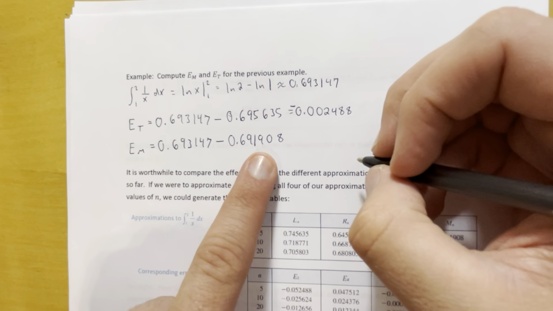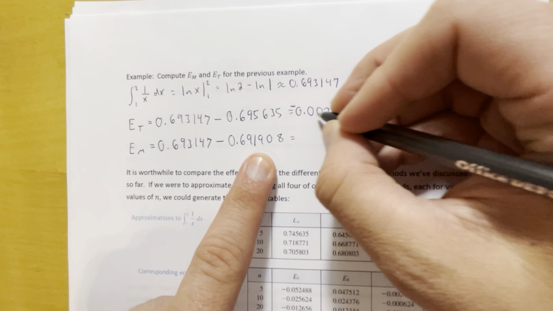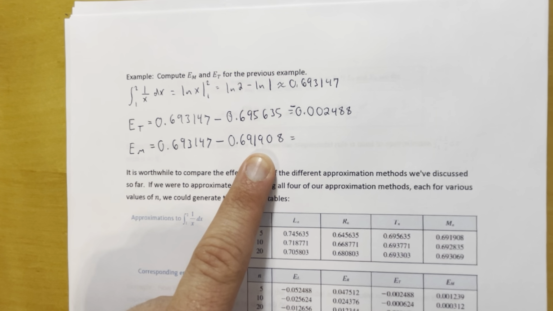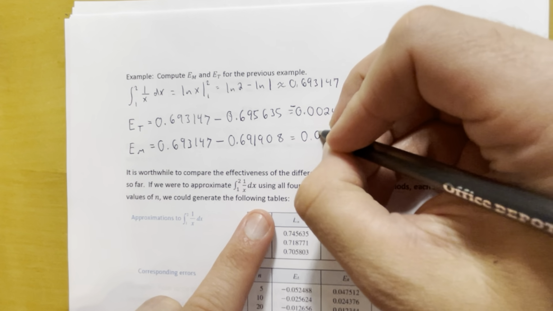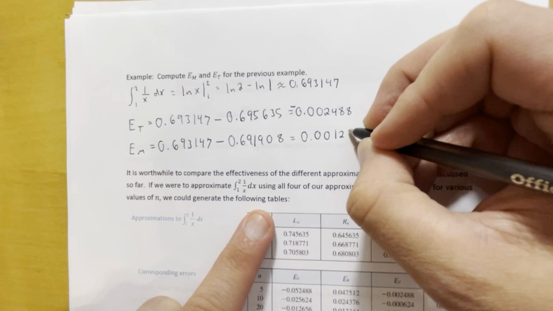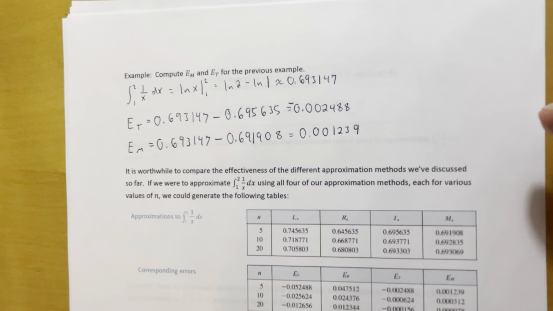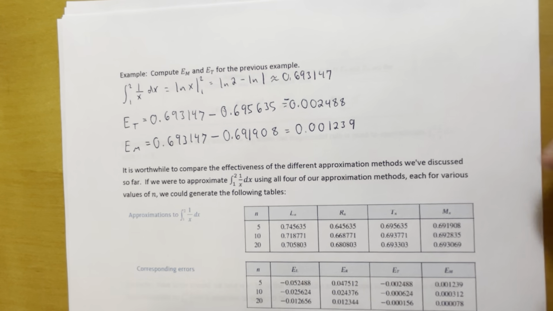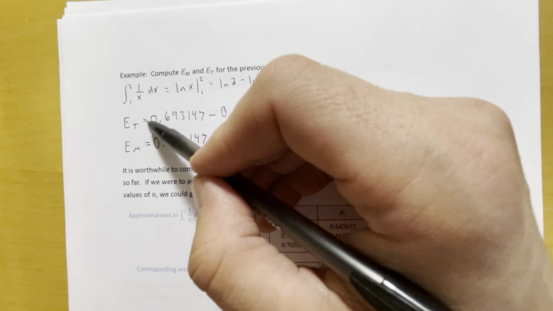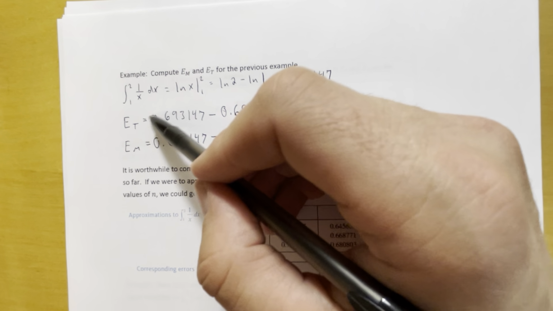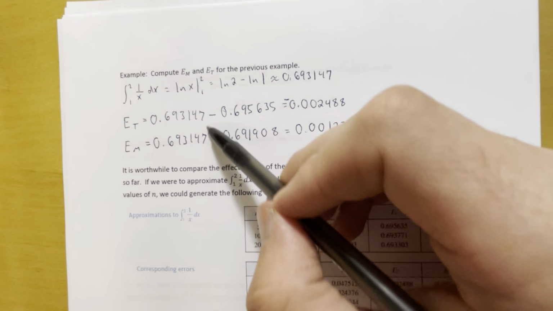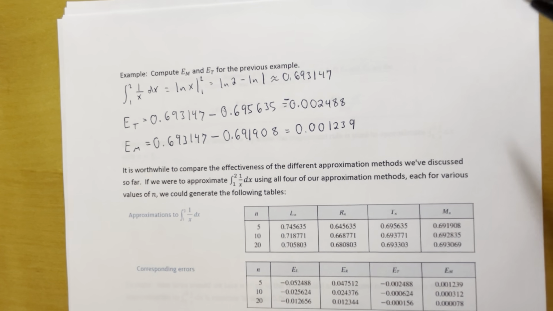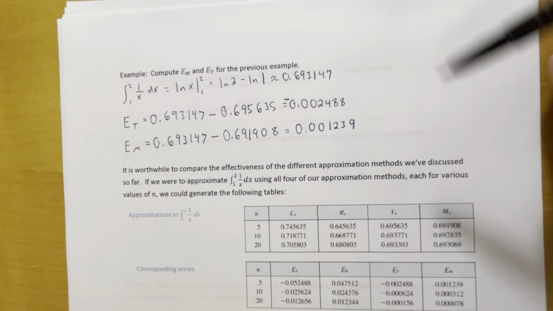This time I can see that I have an underestimate for that area, so my error is going to come out positive this time. The error there was about 0.001239. Really, I should probably put approximation symbols here instead of equals, because these were rounded values. They weren't exactly what I would have gotten, but that's okay for this example to leave it that way.